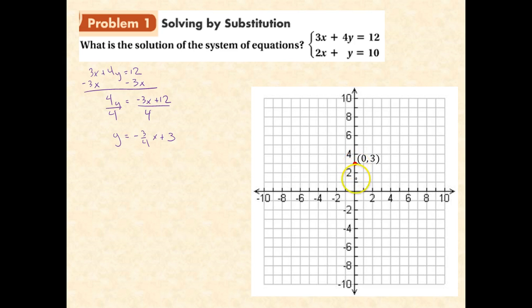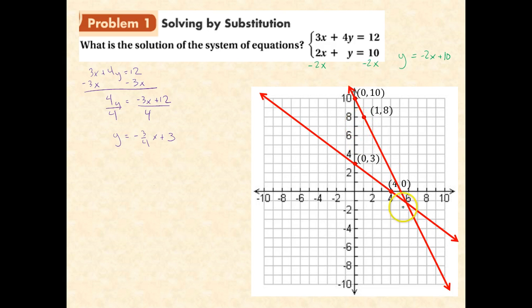My slope is down 3 over 4, and I draw me a line. On this one, if I subtract 2x from both sides, I get y equals negative 2x plus 10. So my y-intercept is (0, 10), and my slope is negative 2, down 2 over 1. And I draw me a line through there.